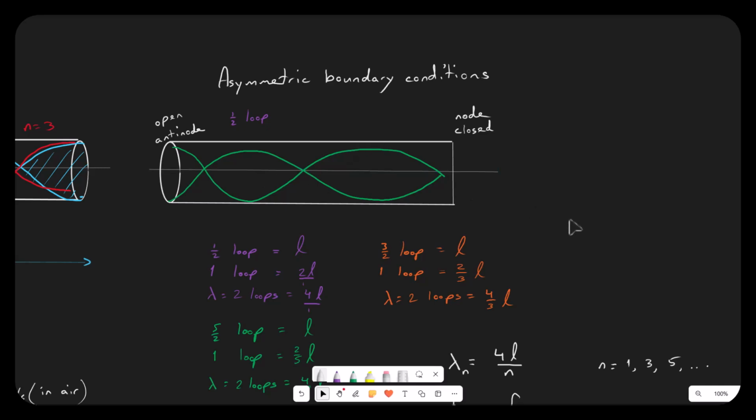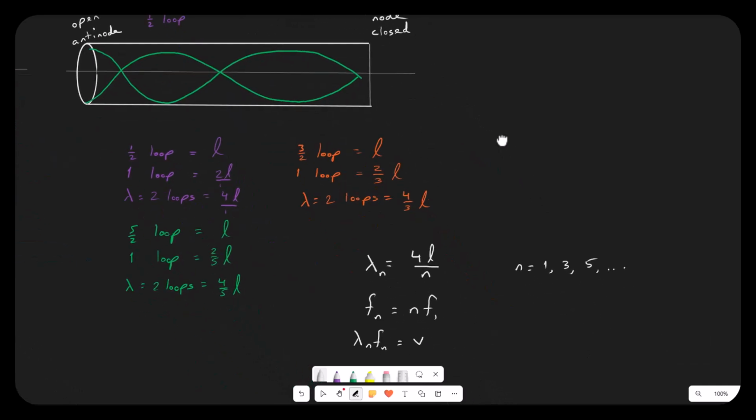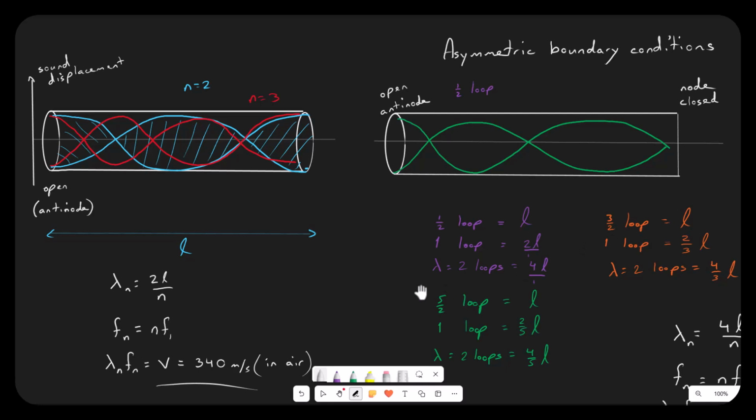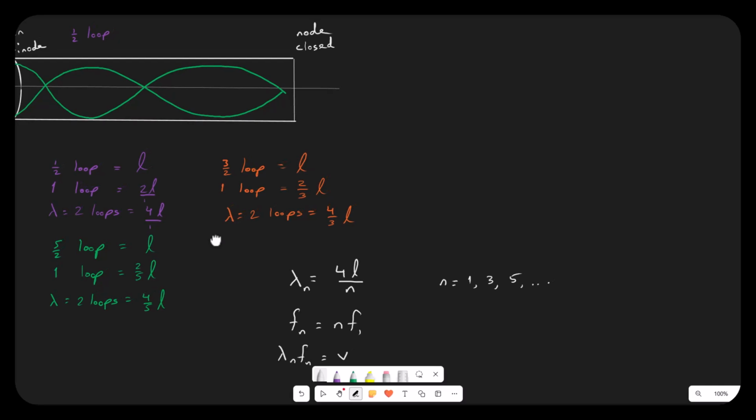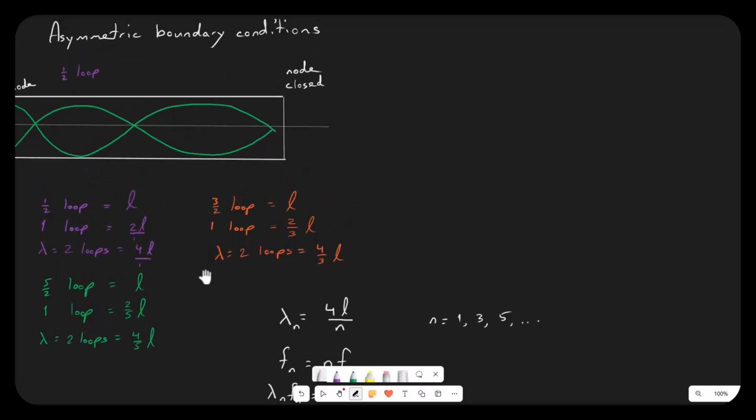They're a little odd. So I'm going to use odd numbers. Symmetric boundary conditions, I get to use my evens and my odds, right? So over here for the symmetric case, I can use all my n values. For the asymmetric case, I am left with just my odd numbers. But other than that, things work pretty similarly.